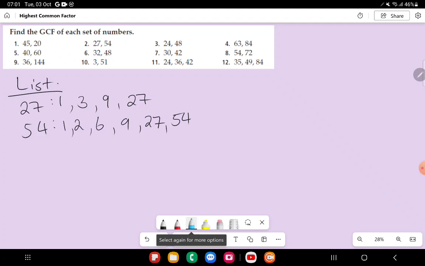We're looking for the factor that they both have in common, which is the highest. So I'm going to highlight the numbers they have in common. They both have 1, and they both have 9, and they both have 27. But the one that is the highest on both is 27. So the highest common factor for 27 and 54 is 27.